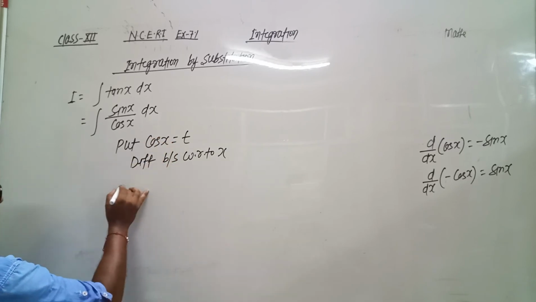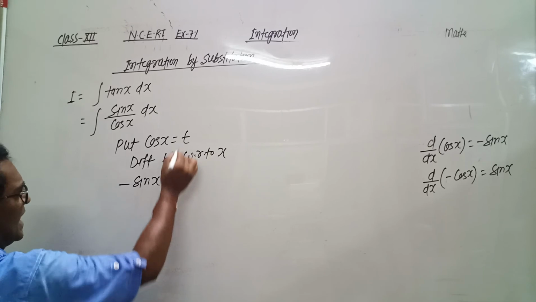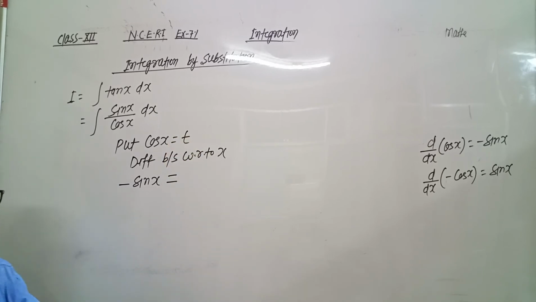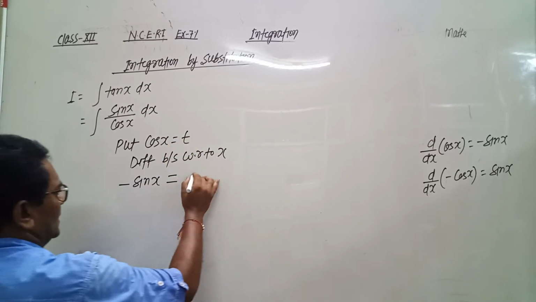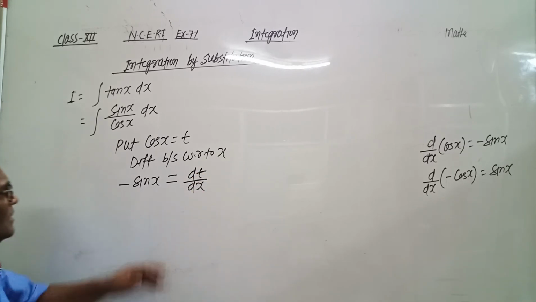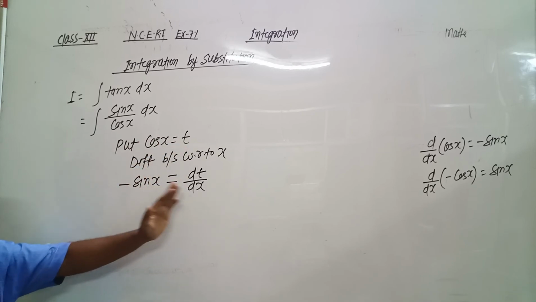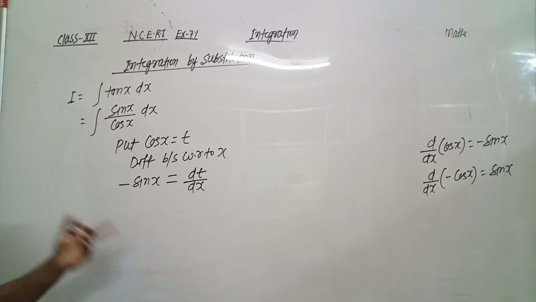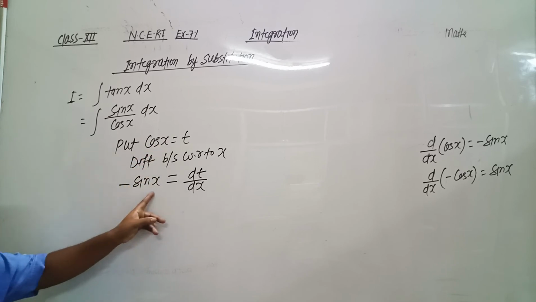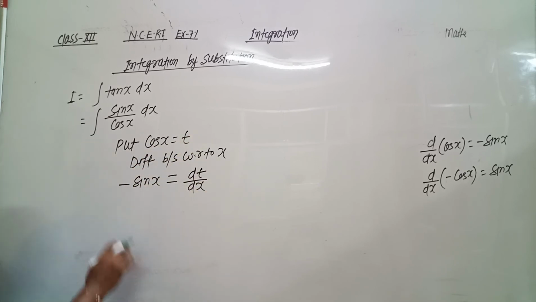So differentiation of cos x is minus sin x and differentiation of t with respect to x is dt by dx.